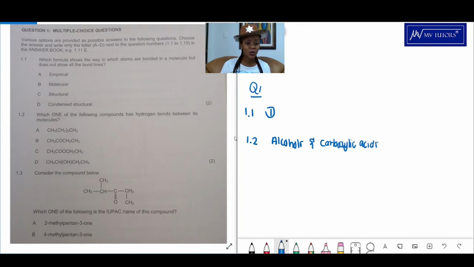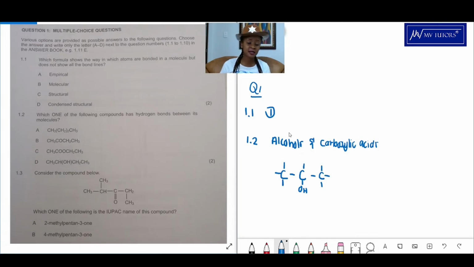And then D, well, we have an OH on the second carbon. So it would look like this. We have the first carbon. I'm going to draw the structural formula. And then we have the second carbon where you have a hydrogen, and then you have an OH group there. And then we have a third carbon with 2 hydrogens.